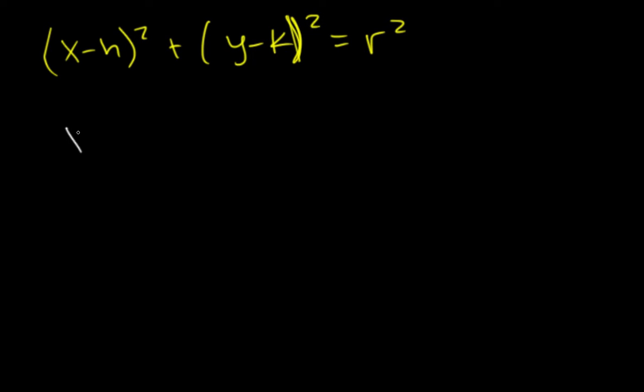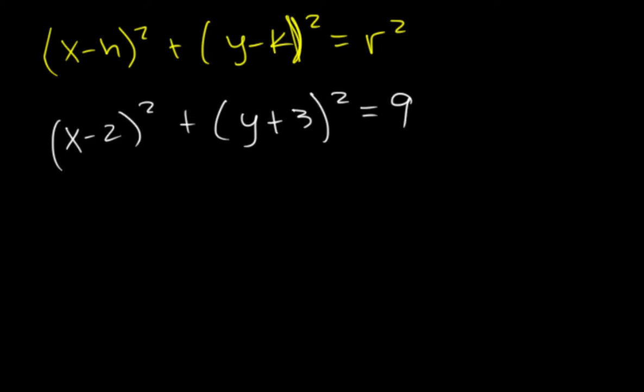Okay, so if I'm given this circle, and then I'm told to move it up 2 and left 3. What I'm going to do first is pull out the original information. So the original center is going to be at 2, -3.